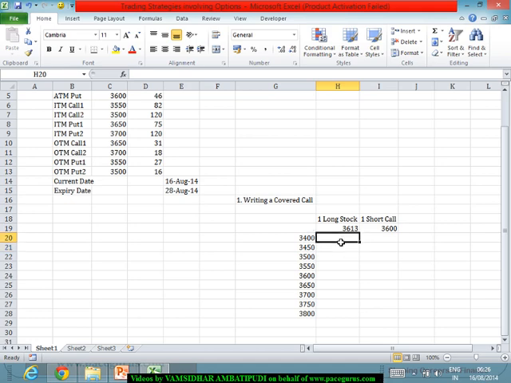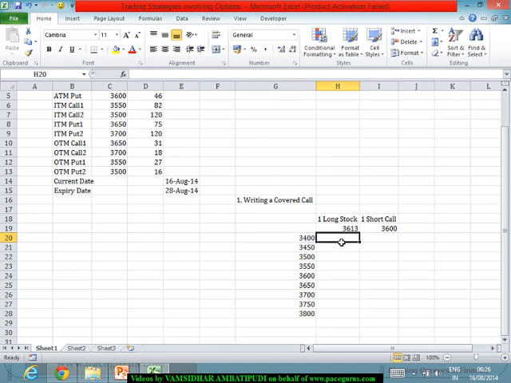Now, what are the profits here? I have gone long on the stock at 3,613, but the share price on that particular day is 3,400. So there is a loss for me to the extent of 213, because I purchased it at 3,613 and on that day it has become 3,400.